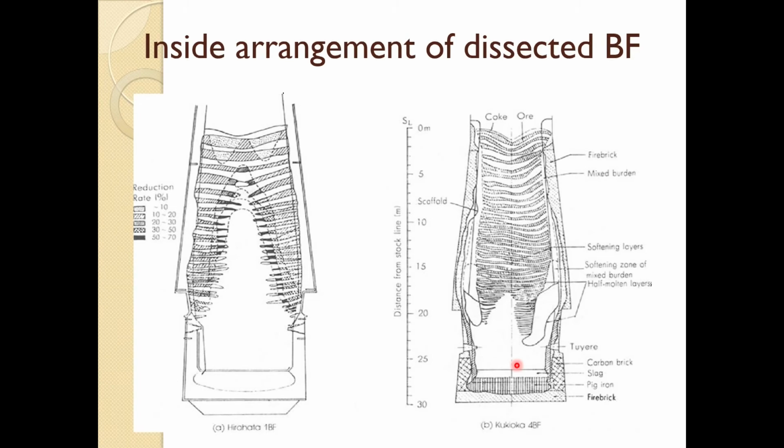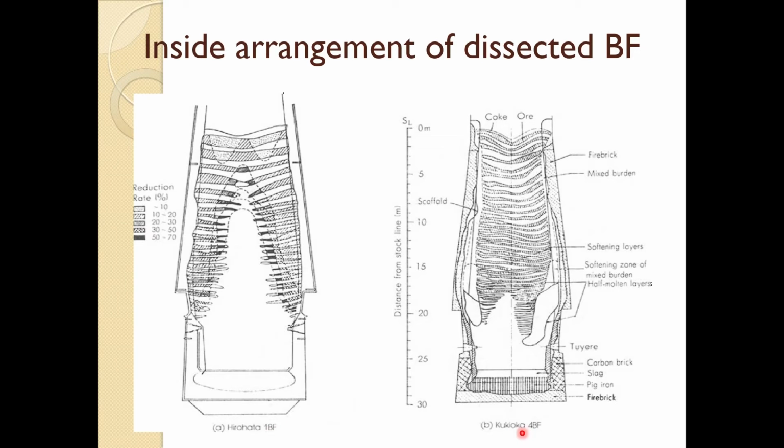But before that, what was the inside status of the blast furnace, you can see in these figures. So, this is the inside arrangement of dissected blast furnace. As you will see, this is the Hirohata blast furnace.